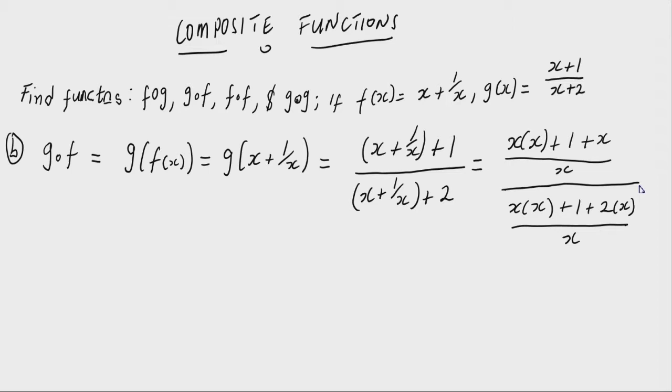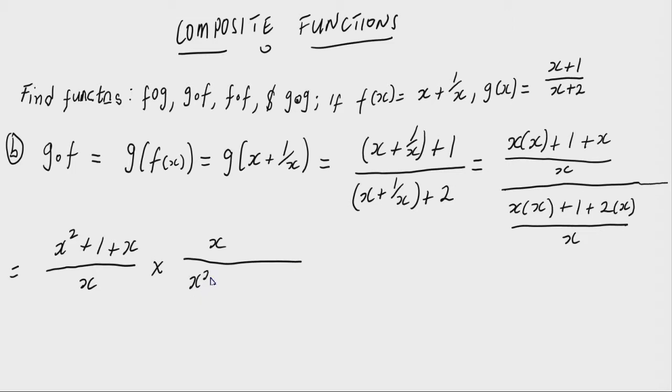Now here, I like to elongate this line over here so we know where the main division line is. This is going to be x squared plus 1 plus x, divided by x times x, divided by x squared plus 1 plus 2x.